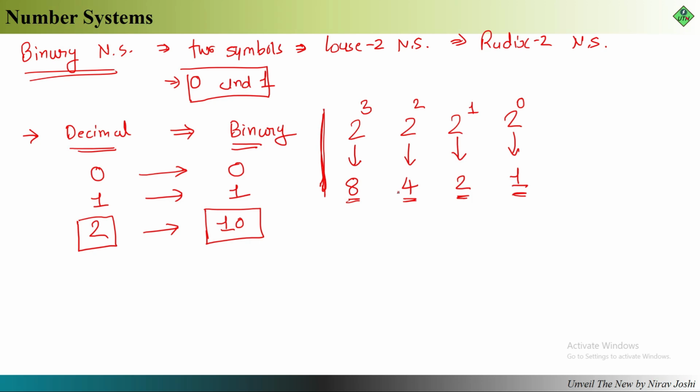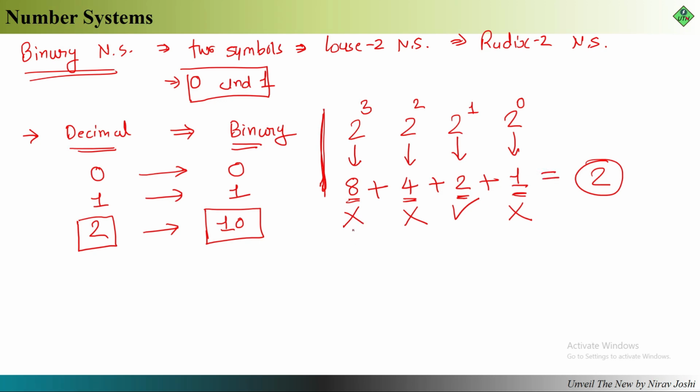If I only want 2, I will not consider 8, 4 or 1. What I will consider is 2. If I add all of these, the total becomes 15. But if I do not consider 8, 4 and 1, the total will become 2.